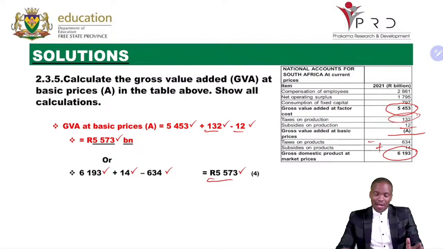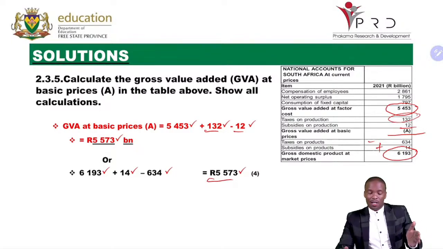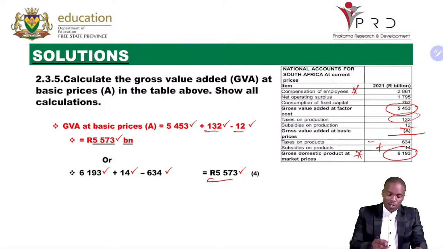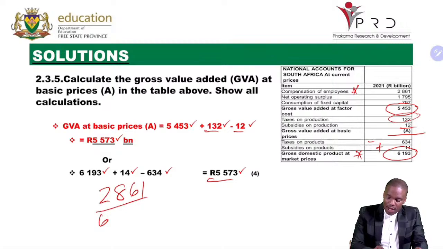Another tricky factor here is where we say calculate something as a percentage of something. So when we say calculate compensation of employees as a percentage of GDP at market prices, you are going to say compensation of employees value, which is 261, divided by GDP at market prices, which is 6,193, multiplied by 100.